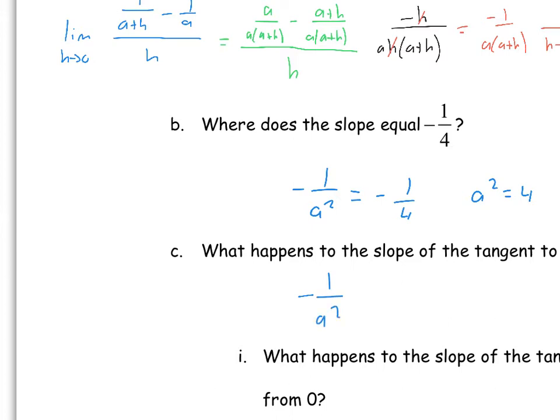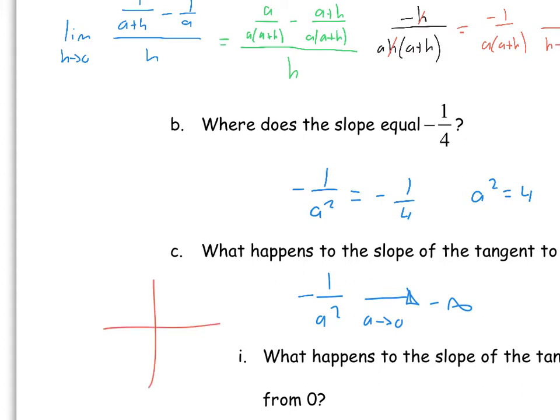So as a goes to 0, that means our denominator gets really, really small, but positive, and 1 over a small positive is 1 over really small, which is really big, but we have that negative in front. So it's going to go to negative infinity. That just means the function gets steeper and steeper and steeper as you approach 0.